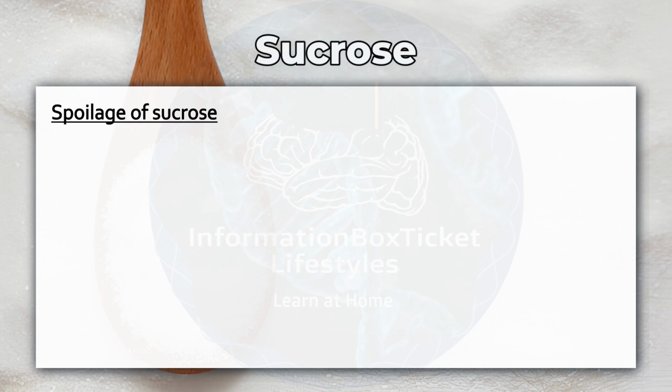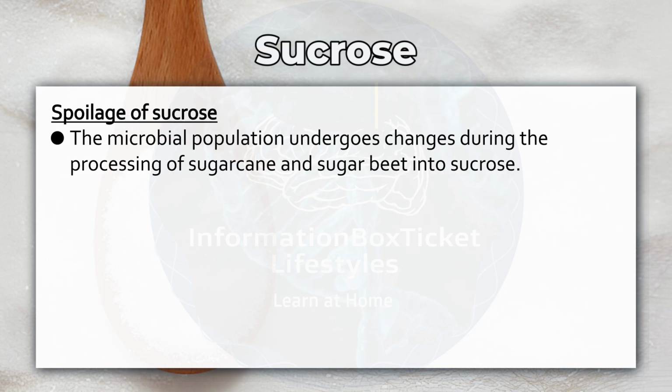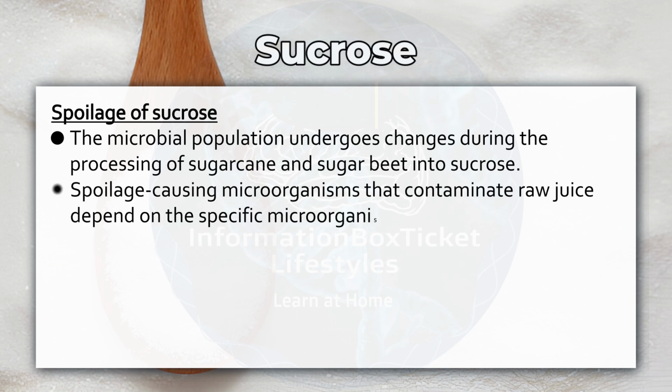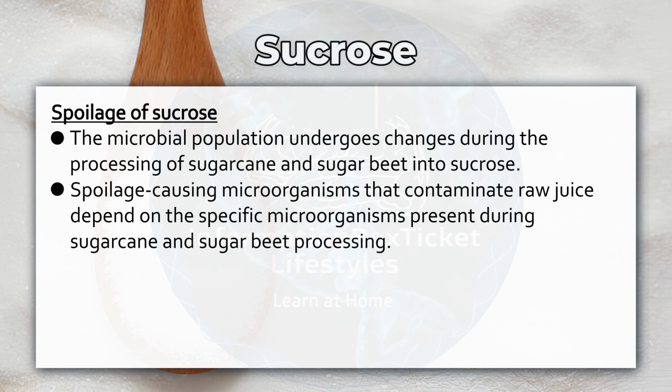Spoilage of sucrose. The microbial population undergoes changes during the processing of sugarcane and sugar beet into sucrose. Spoilage causing microorganisms that contaminate raw juice depend on the specific microorganisms present during sugarcane and sugar beet processing.